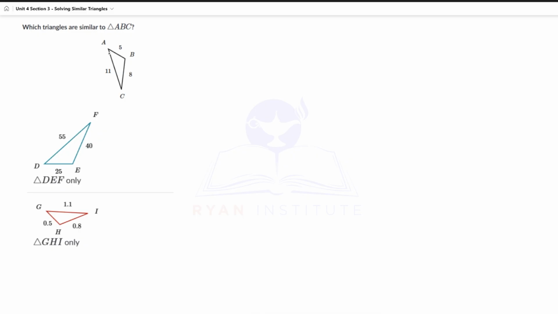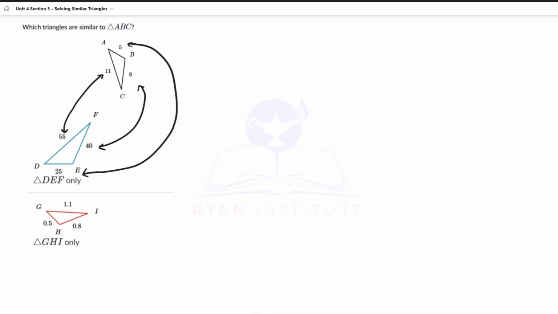So first, if we were to rotate this the right way, 11 and 55 are the sides that we're looking at, and then we have 8 and 40, and then we have 5 and 25, and we want to see if the relationships are proportional between all sides.